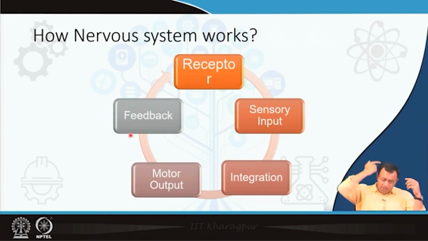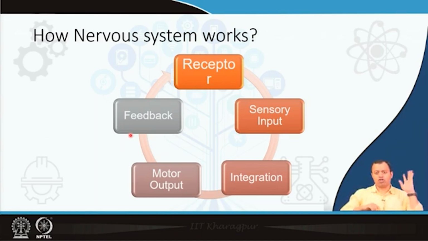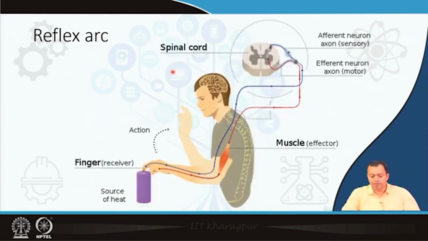It immediately sends another set of information to the muscle of your hand, resulting in the hand contracting or jerking back. Right. So, sensory input and motor output, they are integrated, this process gives feedback and it returns back to the overall central processing unit.